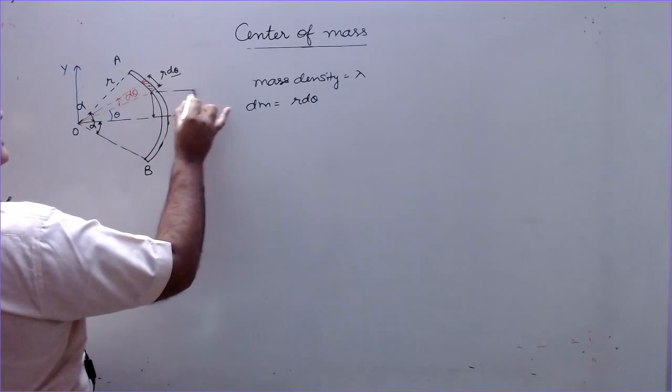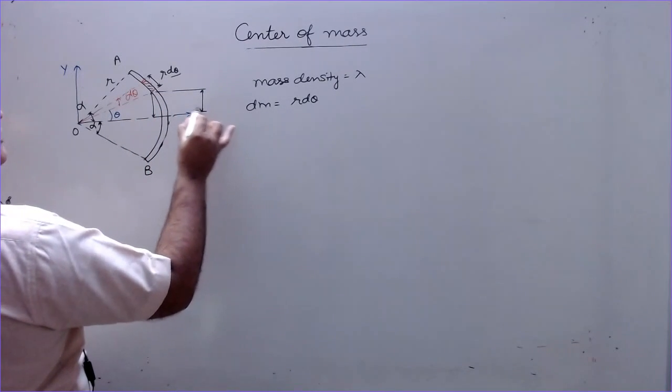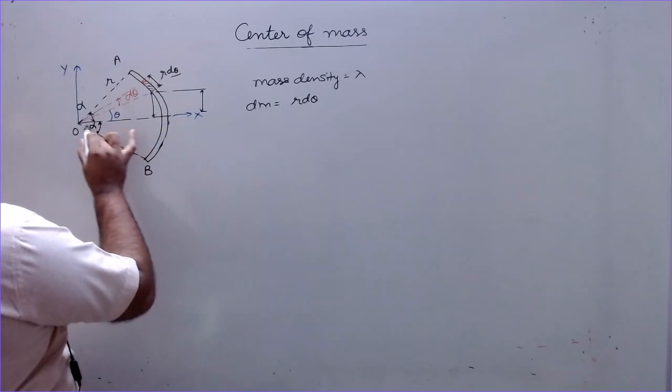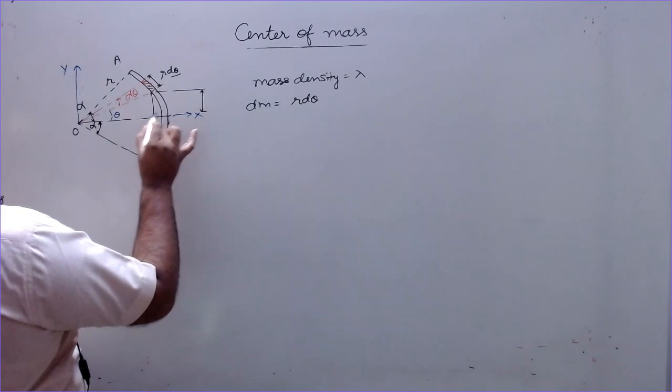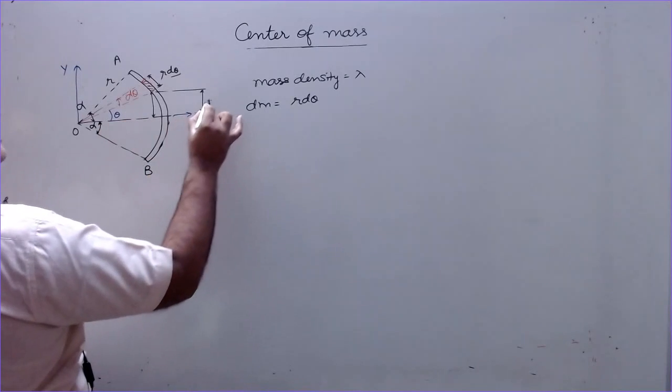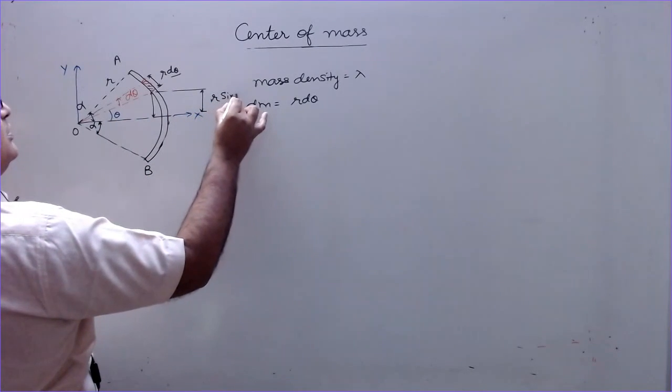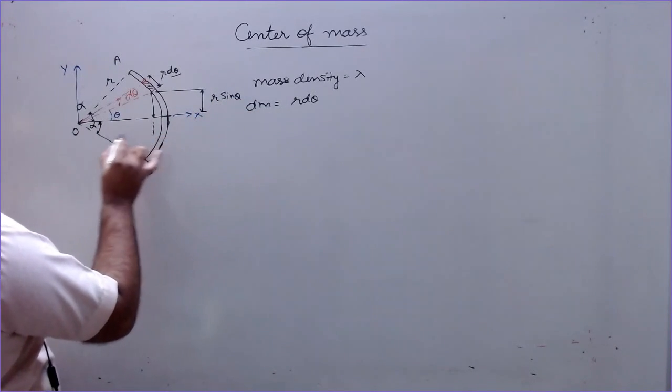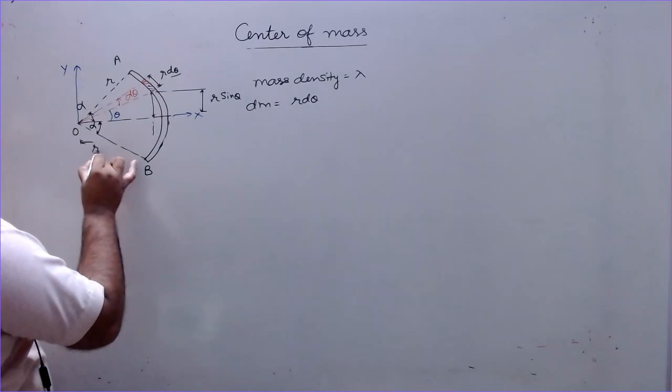Now what is this distance? This is equal to r cos theta, and this distance is r sin theta, and here this distance is r cos theta.